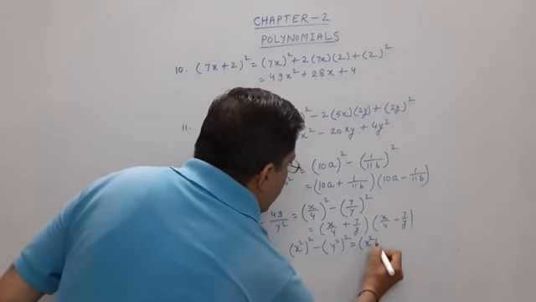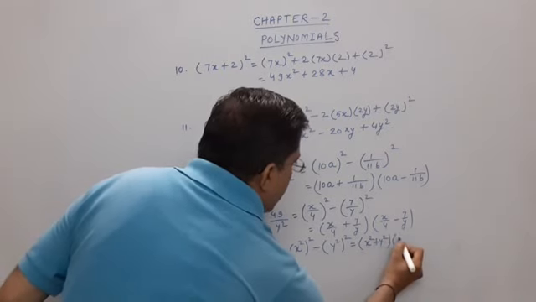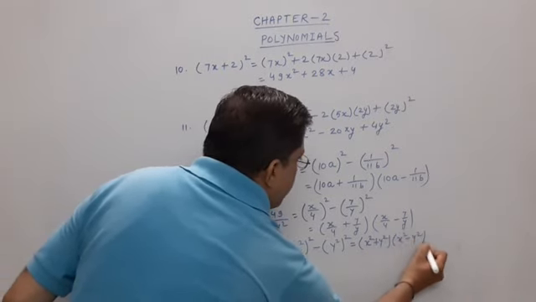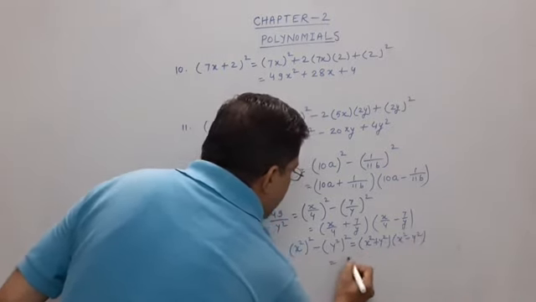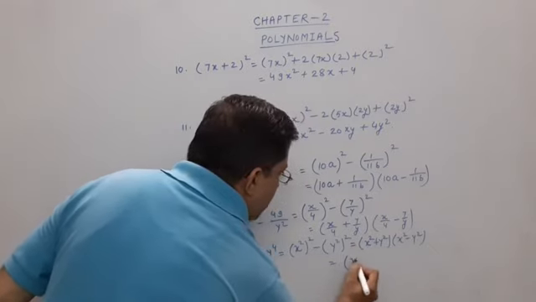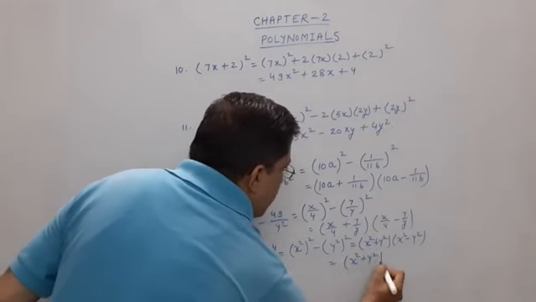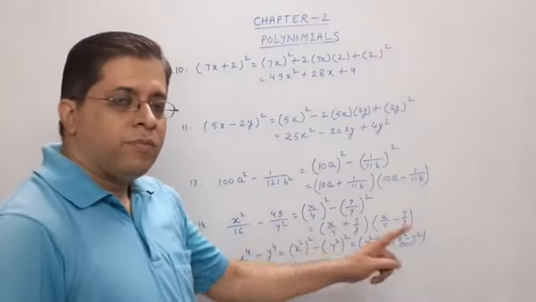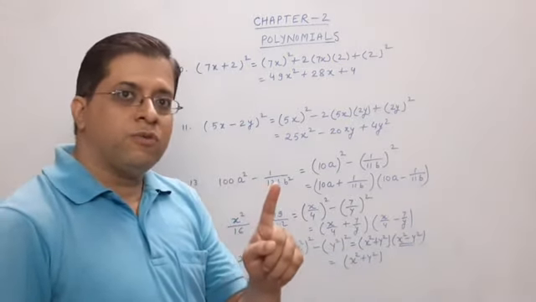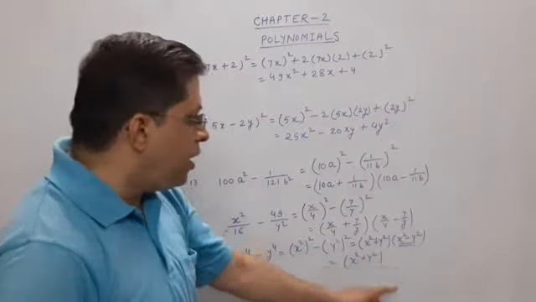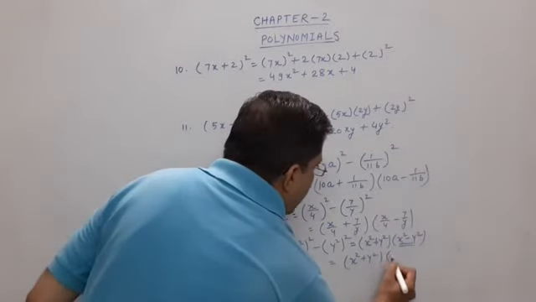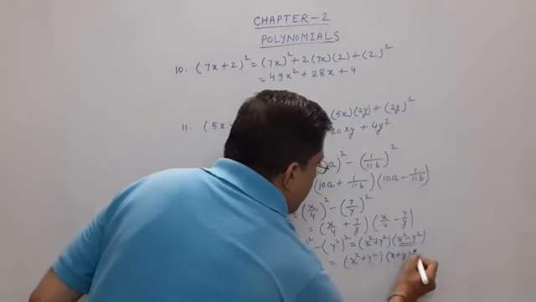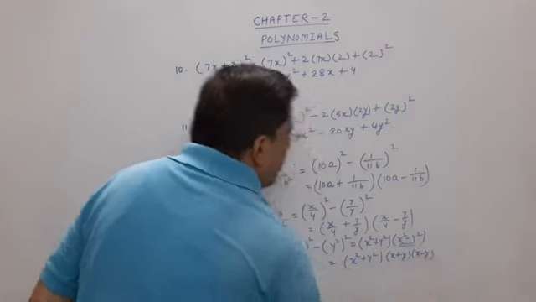That is a plus b, x square plus y square, a minus b. Now you see, x square plus y square is as it is. And see, this is the same identity, looking like a square minus b square. Then what will come? x plus y and x minus y.